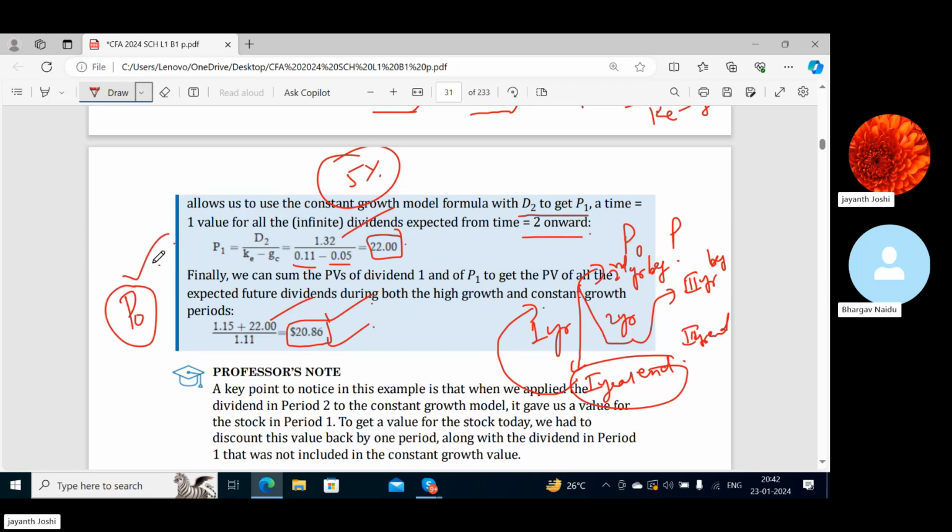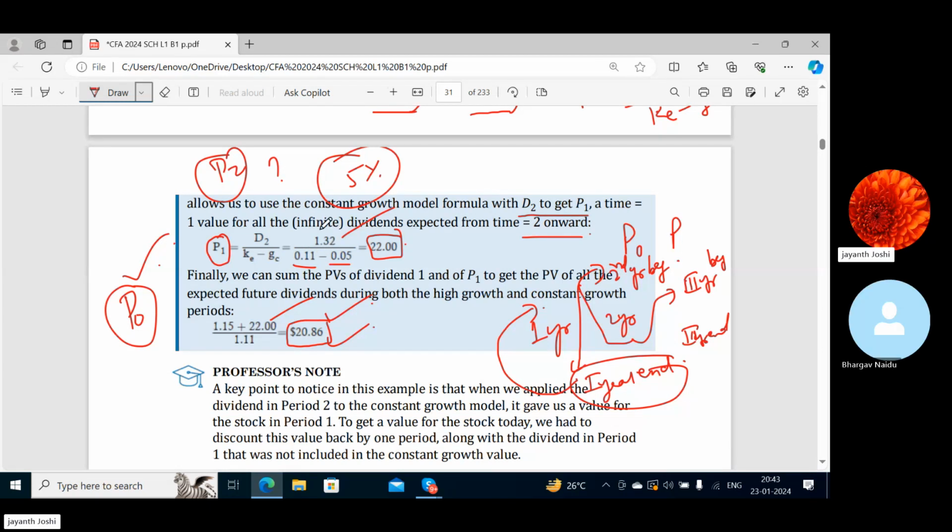You can't do that, because to find the stock value, first you have to find the stock value, right? If you don't have P1, how will you get P naught? You don't have P2. Do you have P2? No, sir. That's it, because the third year dividend is going to grow by 5% indefinitely. I understand, but we have 1.32, which is the second year ending dividend value. Why will we go to the third year end?